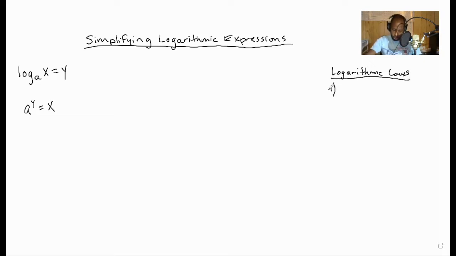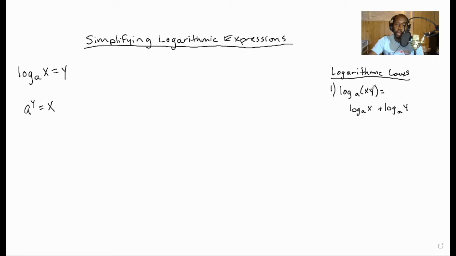All right, law number one is as follows. If you have log base a of the product of x and y, basically if you have the log of xy with base a, then that's the same thing as the log of x plus the log of y.